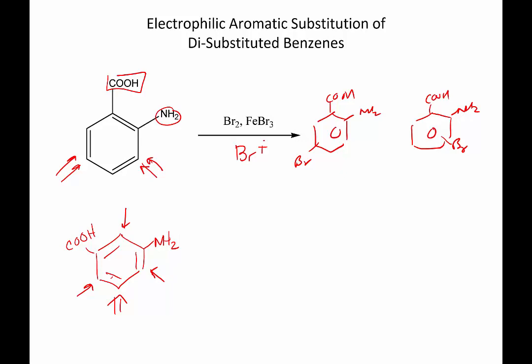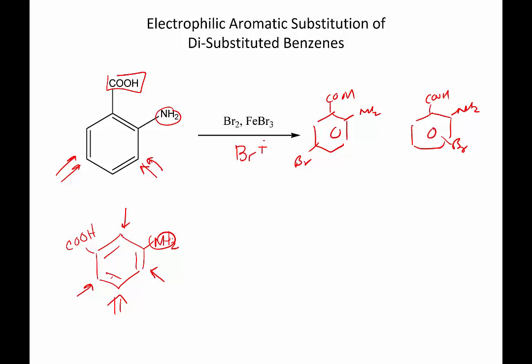So nitrogen wins, which is exactly the case. Now in this case you might say, oh well, nitrogen wins because it's activating and COOH is deactivating. Yeah. So if I have two activating groups fighting each other, which one wins? Stronger activating. If I have two deactivating groups, which one wins? The less deactivating. Right? So that's the way it works.